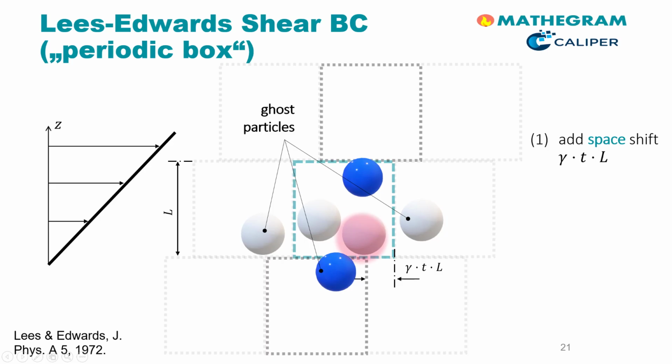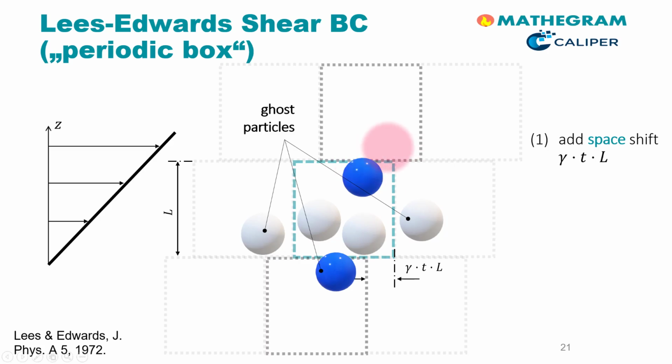This space shift is necessary since the shear motion would lead to a deformation of the whole domain that moves this bottom box to the left and the top box to the right. You will realize that the bottom box must be shifted by the space shift gamma times t times L to the left. And the same is true, of course, for the top box.